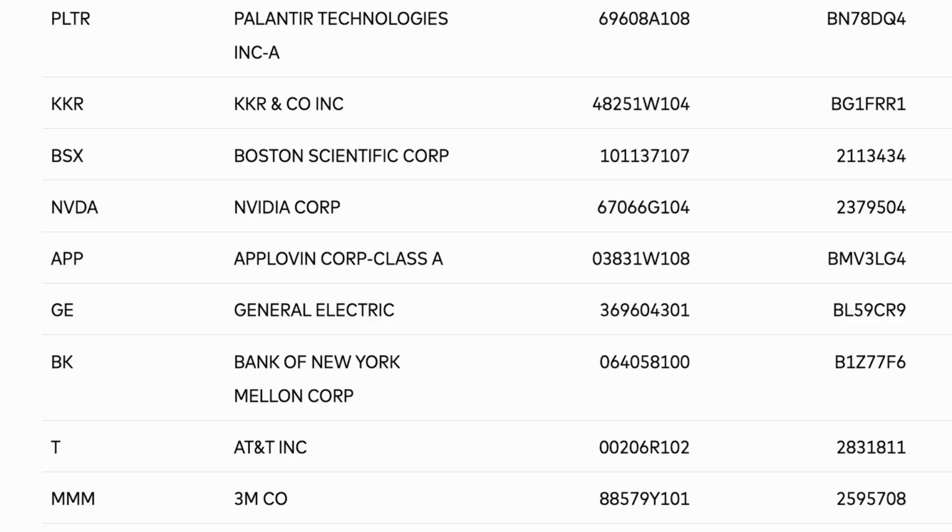Like Palantir, KKR, Nvidia, these stocks have all done really well over the last year. In fact, there's a stock in the top 10 holdings called AppLovin Corp, which over the last year is up over 800%. So these are incredible returns.